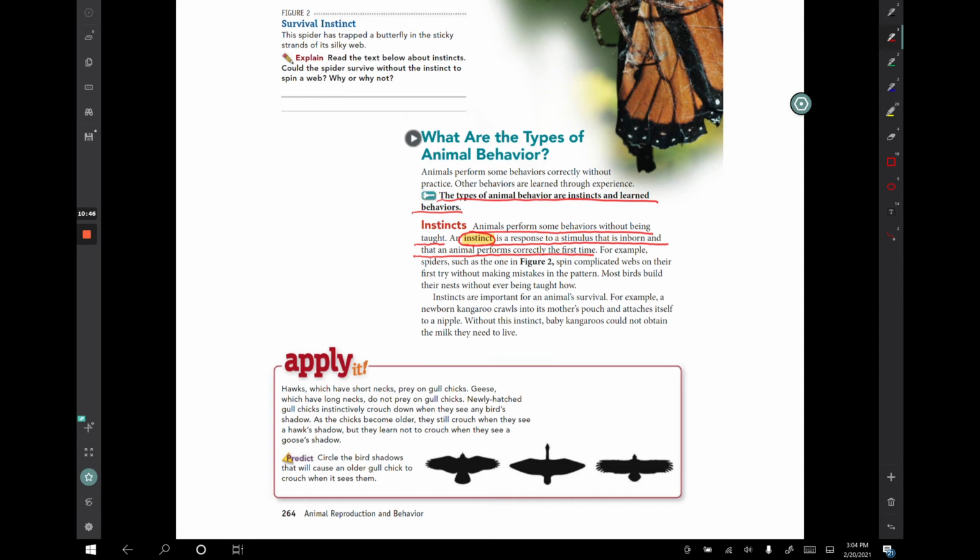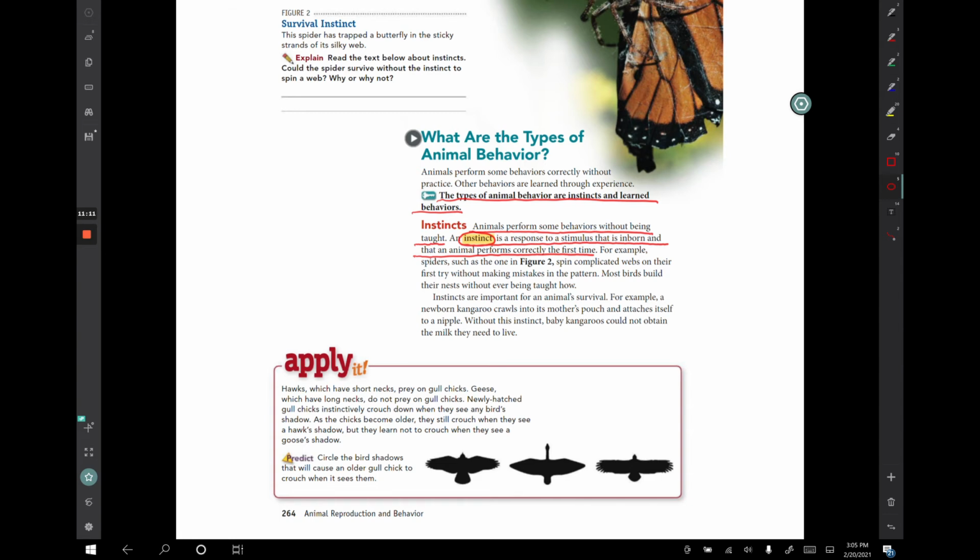Here is an example at the bottom that I find kind of interesting, is that hawks have very short necks, and they prey on these little gull chicks. So these chicks, when they're hatched on the ground, these hawks with the short necks will prey on them and eat them. Geese who have long necks don't prey on the chicks.